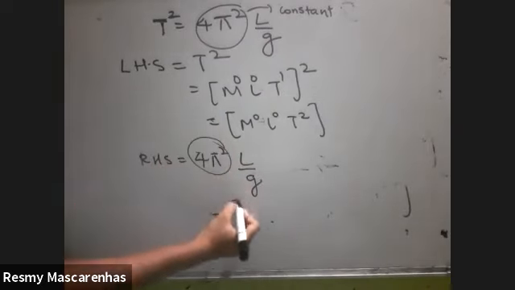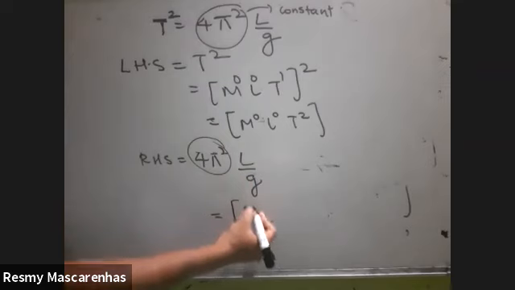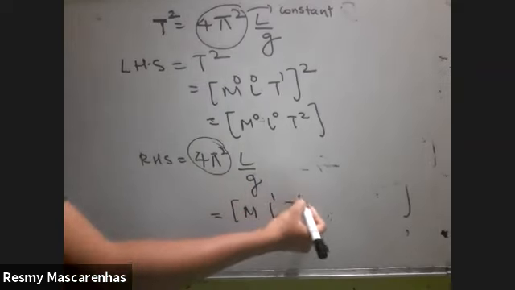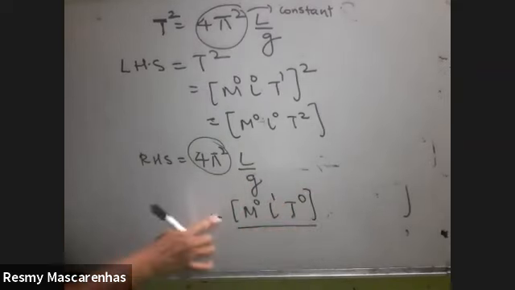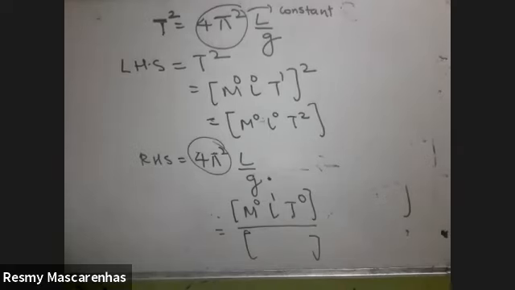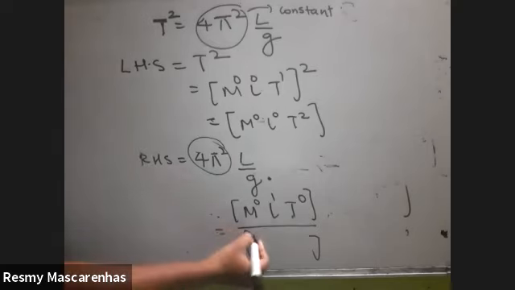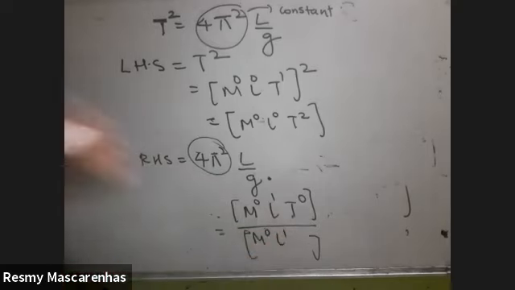Then put the dimensions. L means length, so only length. And for acceleration due to gravity, put the dimensions for acceleration: M0, L1, and T to the power minus 2.